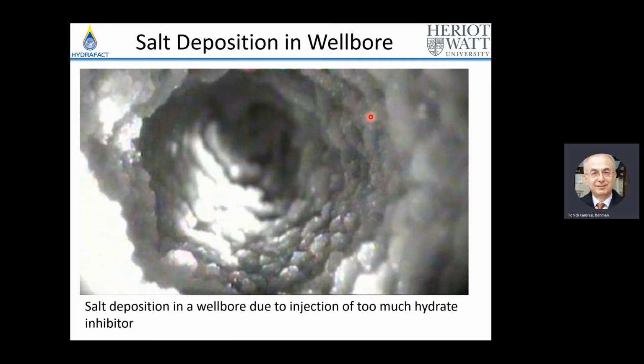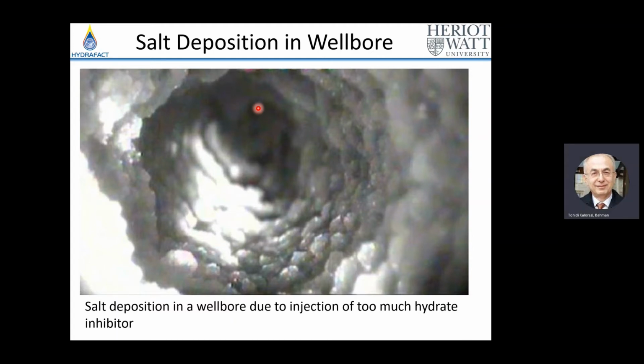Now, therefore here, salt and methanol are competing for water. And in such a competition, alcohol will win because salt is soluble, alcohol is miscible.